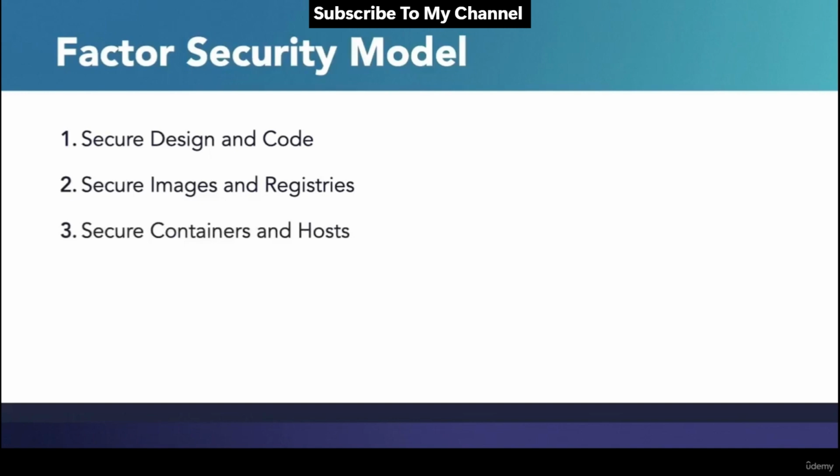A container is a process instantiated from an image. Naturally, after securing images, the next factor focuses on security controls to protect running containers. This factor also includes controls to secure hosts that provide the operating environment for containers.